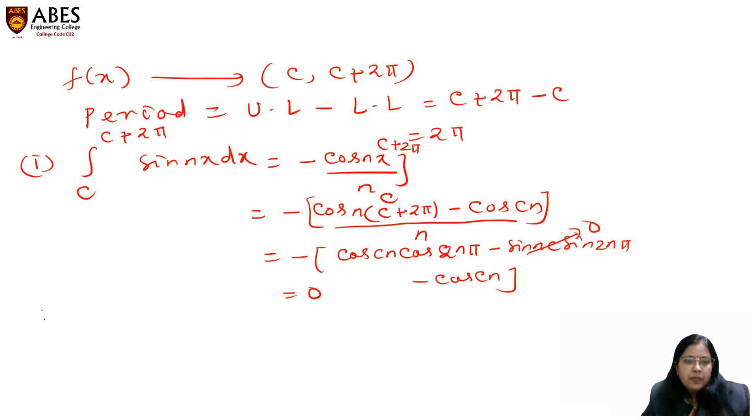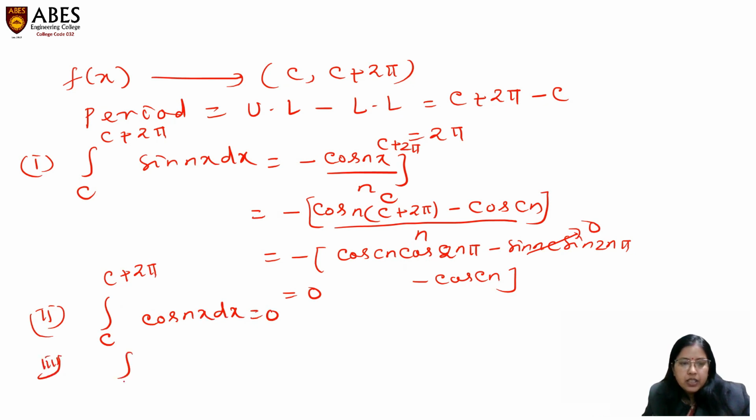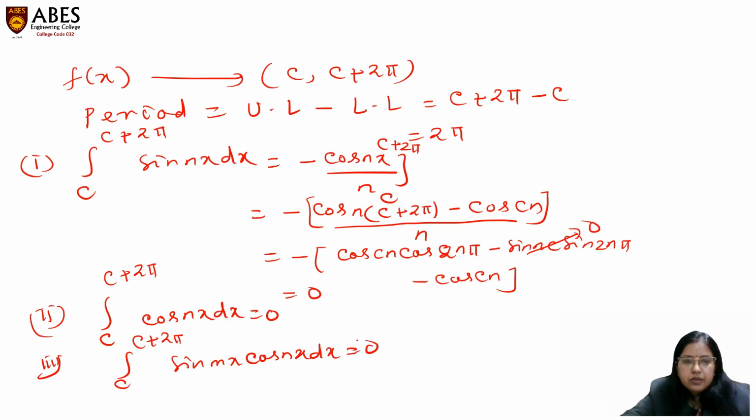So similarly, we can write that the integral from c to c plus 2 pi of cos nx dx is also equal to 0. Similarly, the formula is that the integral from c to c plus 2 pi of sin mx cos nx dx is also equal to 0.